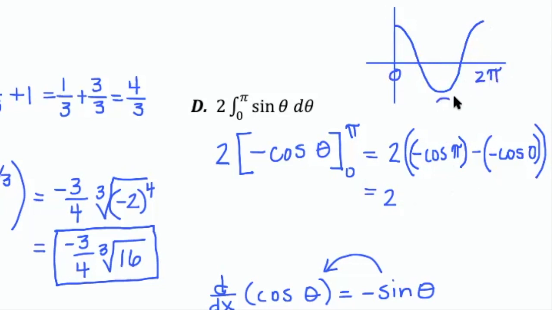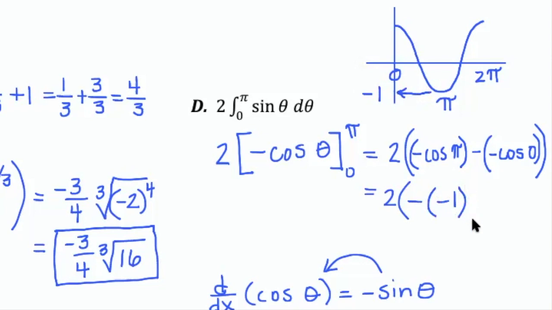I know that pi is halfway in between, so I just visualize this. So I need cosine of pi. Cosine of pi hits its lowest level down here at -1.